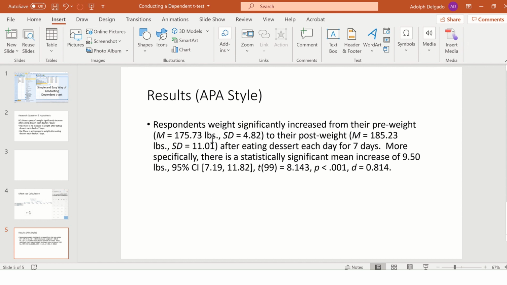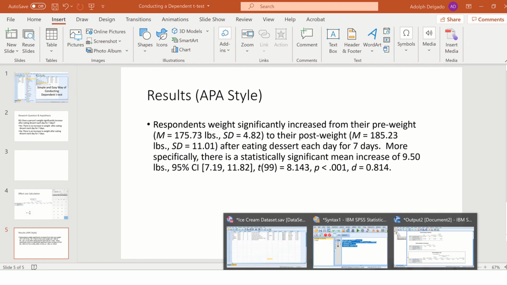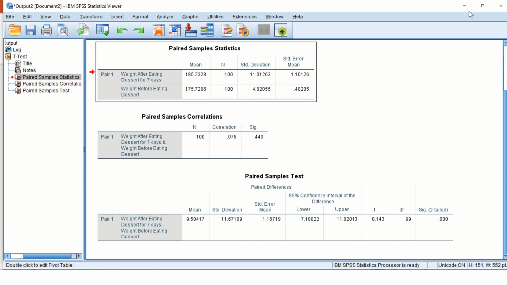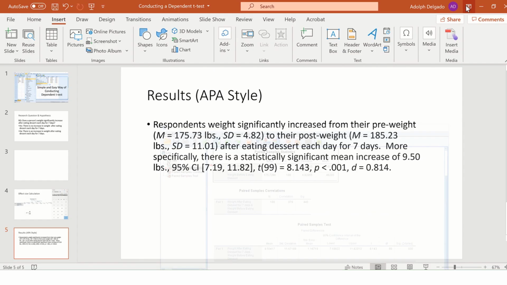So, respondents' weight significantly increased from their pre-weight, and I report the means of the pre-weight, and I got that number from this section, to their post-weight. I got this number from that section. Again, we see about a 10-pound difference after eating dessert each day for 7 days.